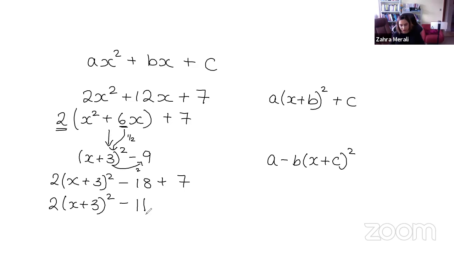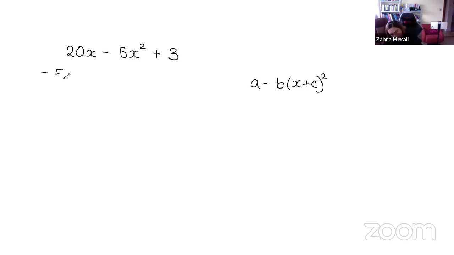Now let's have a look if we have a negative x squared involved. So let's take 20x minus 5x squared plus 3. Remember, if there's a negative, we're going to end up with something in this form. I think it's always easier to put the x squared first, because that's how we're used to seeing things.